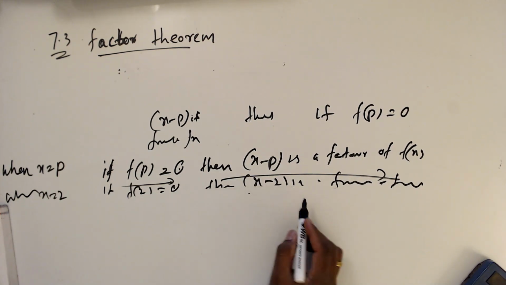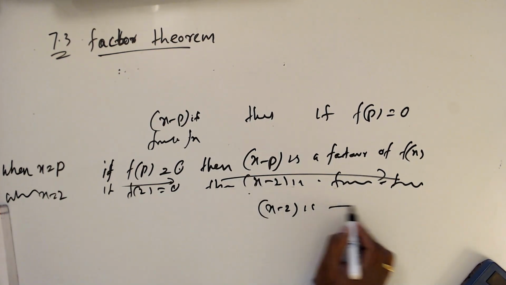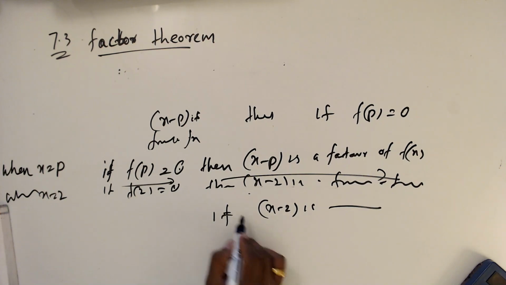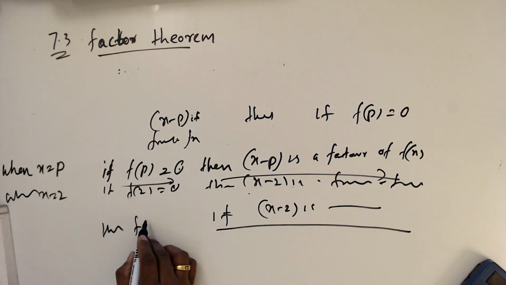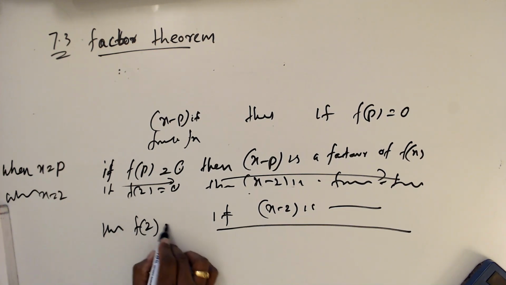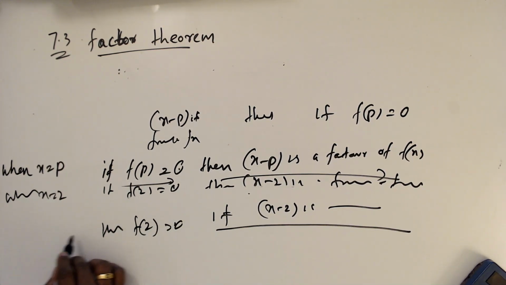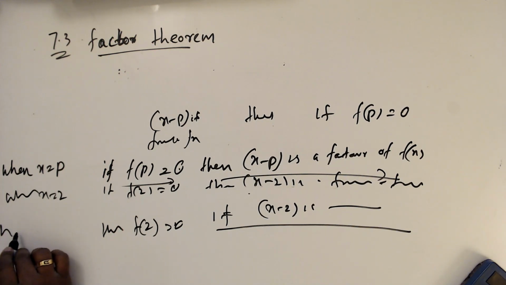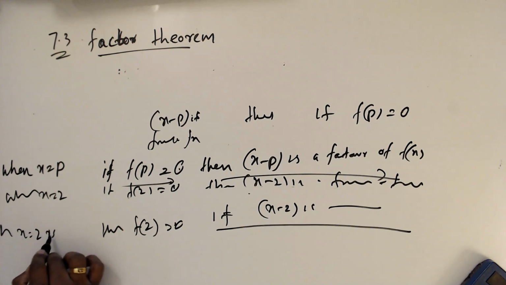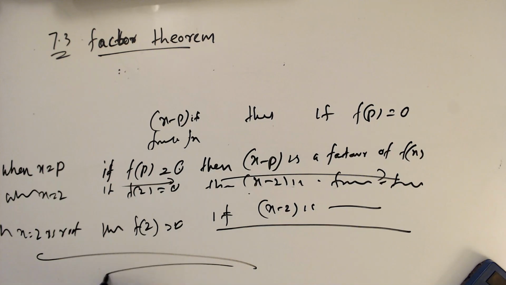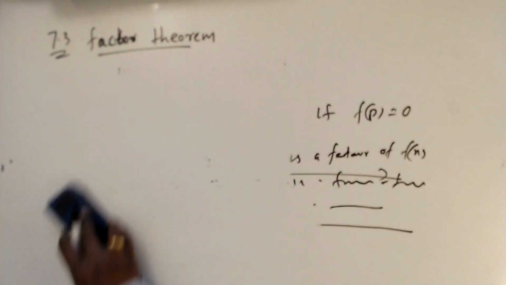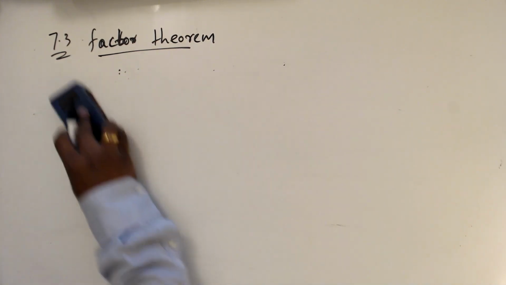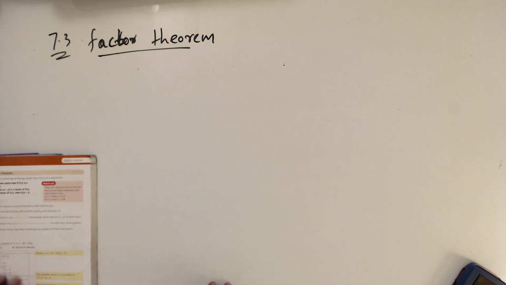And if x minus 2 is a factor of f(x), then f(2) equals 0, then x equals 2 is a root. It will be more clear when you start working the sums.